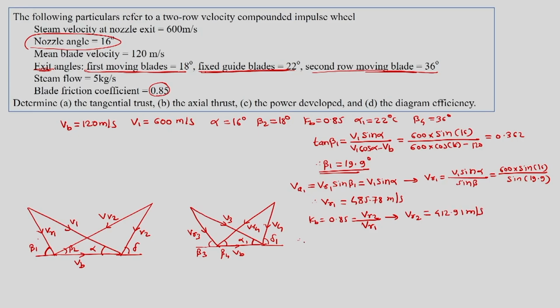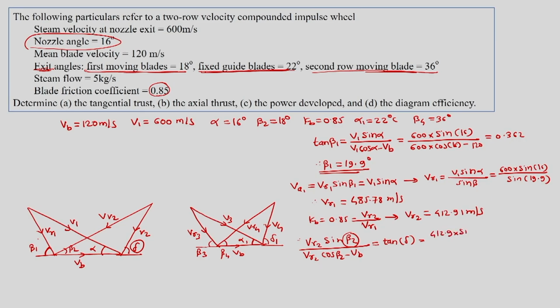So we can find the outlet absolute velocity angle as VR2 sine of beta 2 divided by VR2 cos beta 2 minus VB, which is equal to tan of delta. So we are finding this angle delta. Now we know VR2, we know beta 2, so we can make use of this.